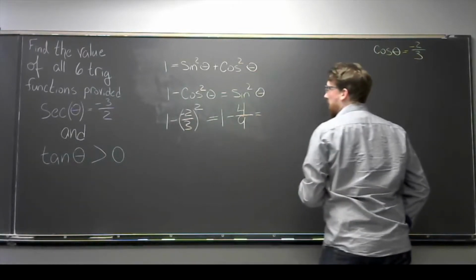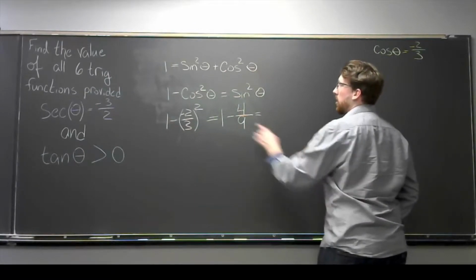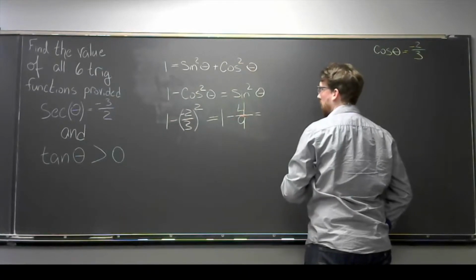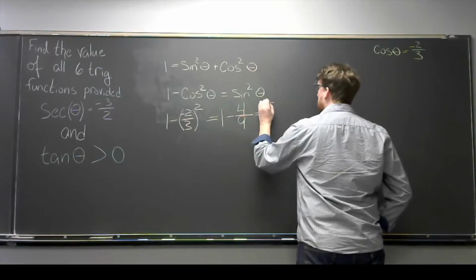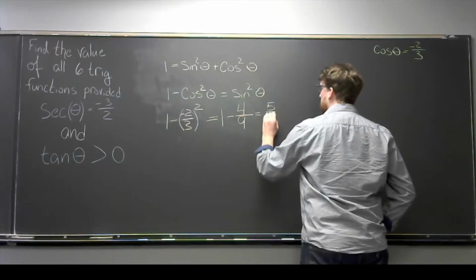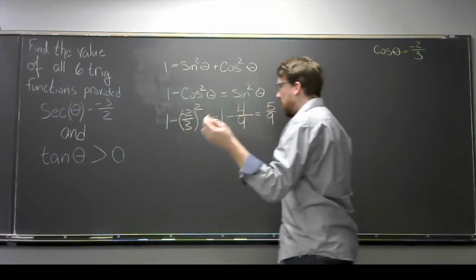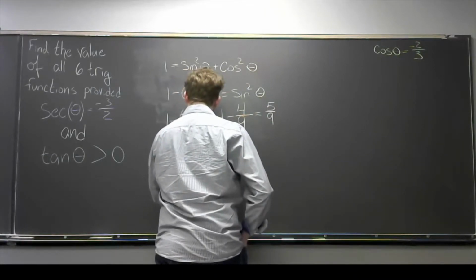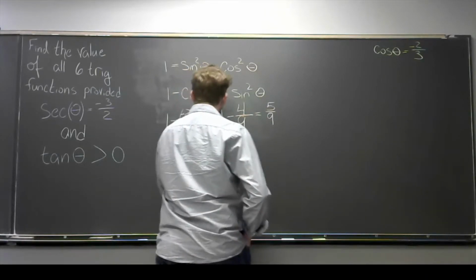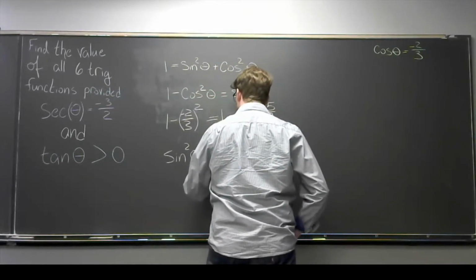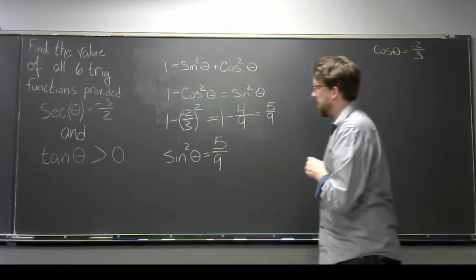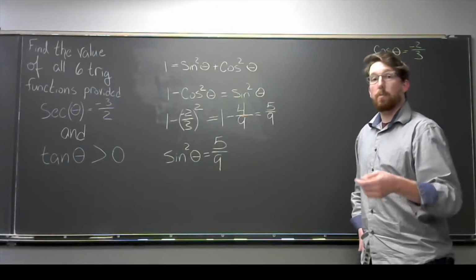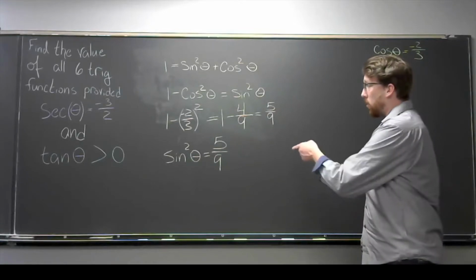So we get that 1 minus cosine squared of theta is equal to 1 minus 4 over 9, which is equal to 5 over 9. So we know now that sine squared is equal to 5 over 9. So sine is going to be equal to plus or minus the square root of that.